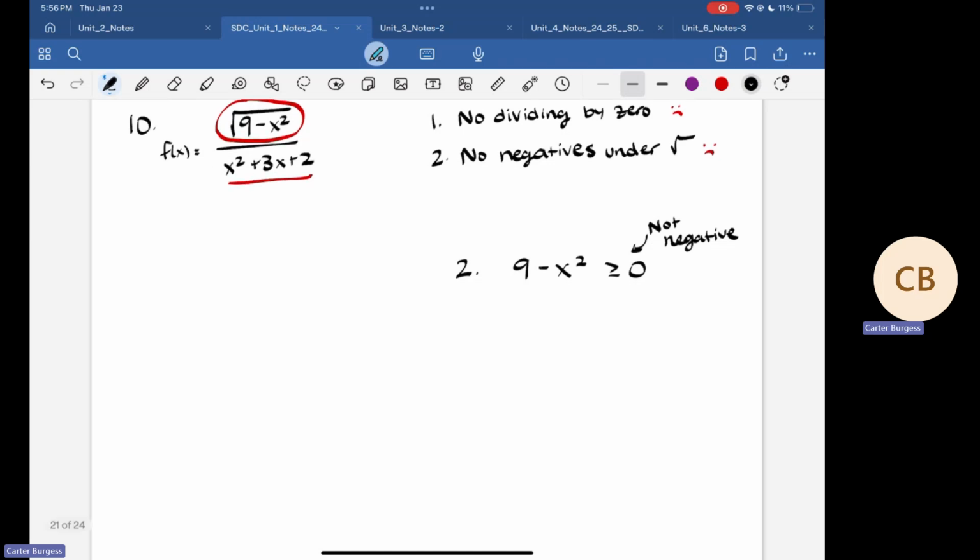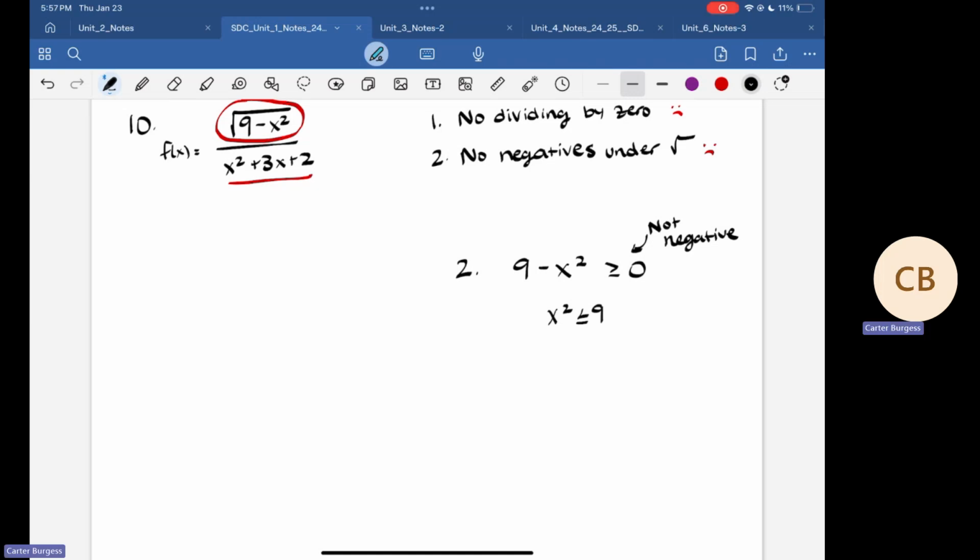But for now, solving it as much as we can, whether that's subtracting 9 and dividing by -1 or adding x squared to both sides, you should get that x squared is less than or equal to 9. Remember, when dividing by -1, that inequality is going to flip.